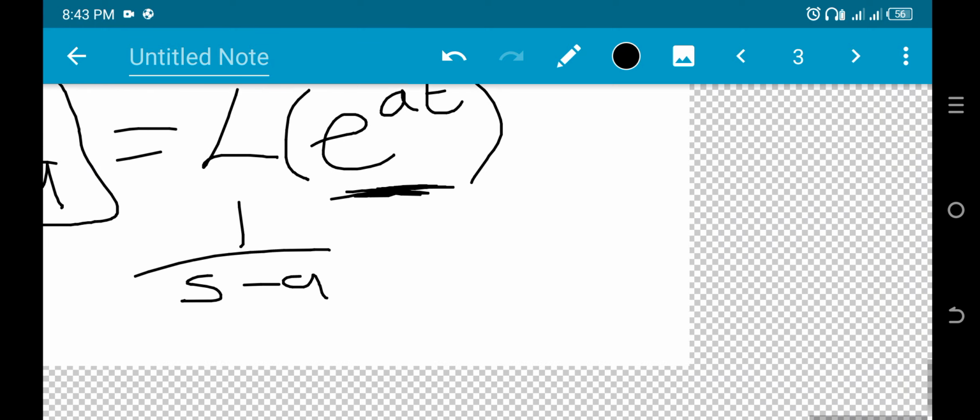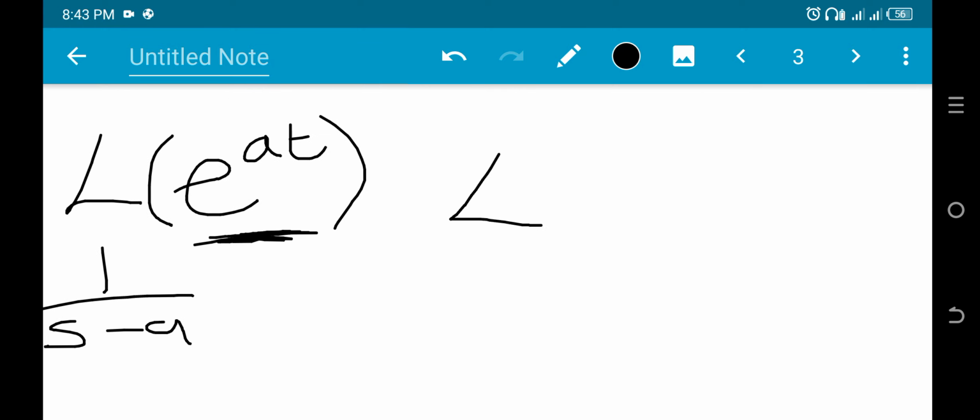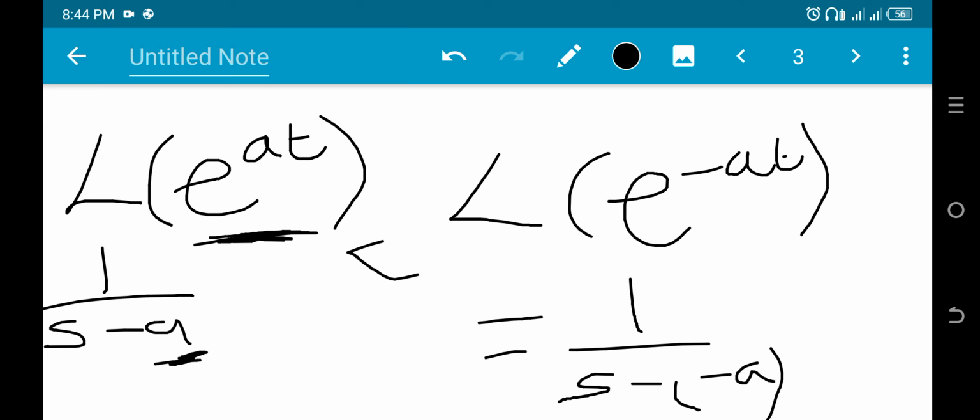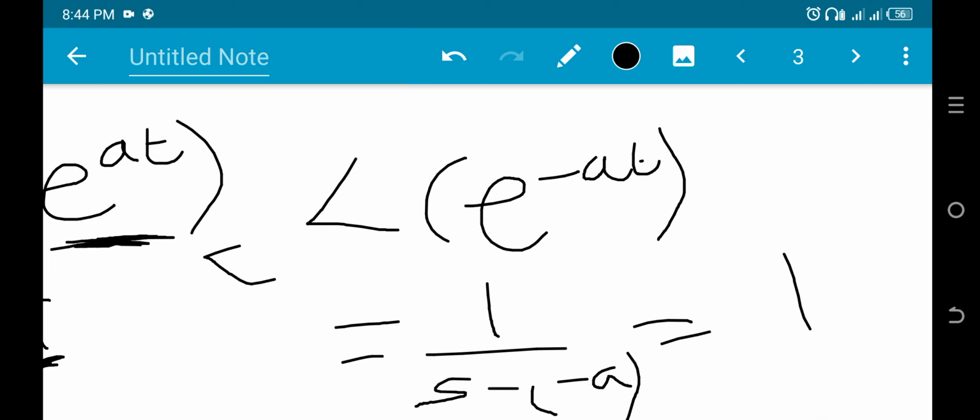So if we had exponent negative at, we know that in the end we're just going to have 1 over s minus, then what is our a now? Our a is negative a. So where there is a, we'll be putting negative a. So in the end we're just going to have 1 over s plus a.